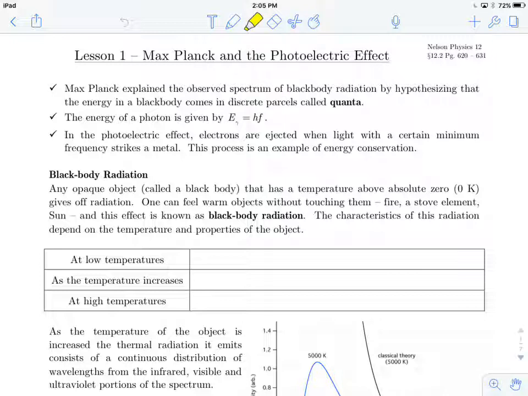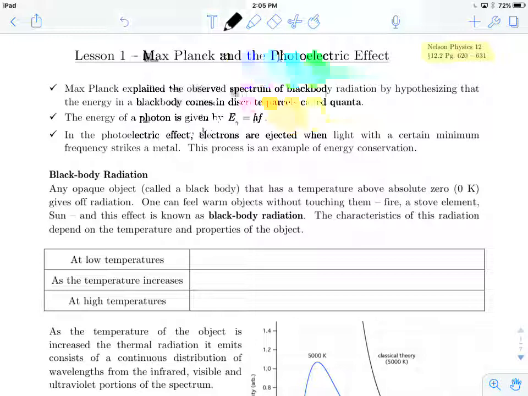This stuff you can find in your textbook, the Nelson Physics 12 textbook, on these pages, if you want that as a reference. And we're going to fill in a lot of these notes, and chit-chat about some of the important findings and then how quantum resolved those things. So these are our essential learnings.